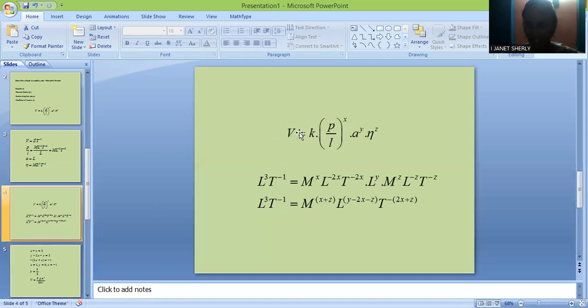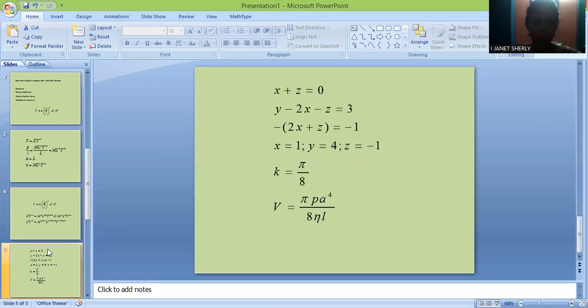So I'll be having V is equivalent to, instead of K, pi by 8. (P/L), X is 1, so it is going to be (P/L)^1. a^Y, a is nothing but 4, and eta is nothing but minus 1, because we have 1, 4, minus 1. So I'm just going to substitute everything together in this formula.